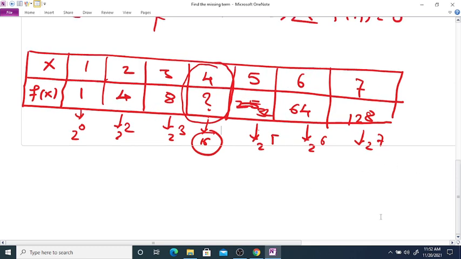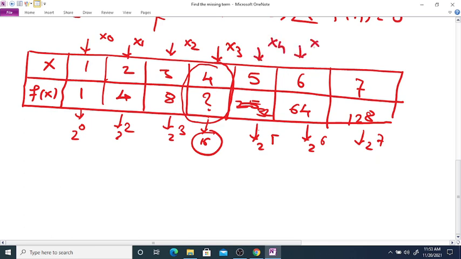So say this is x0, x1, x2, x3, x4, x5, and x6. Again, this is y0, y1, y2, y3, y4, y5, and y6.